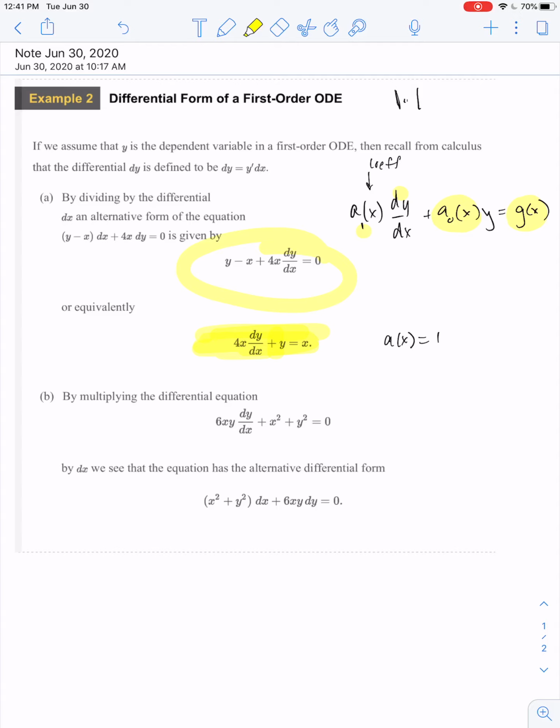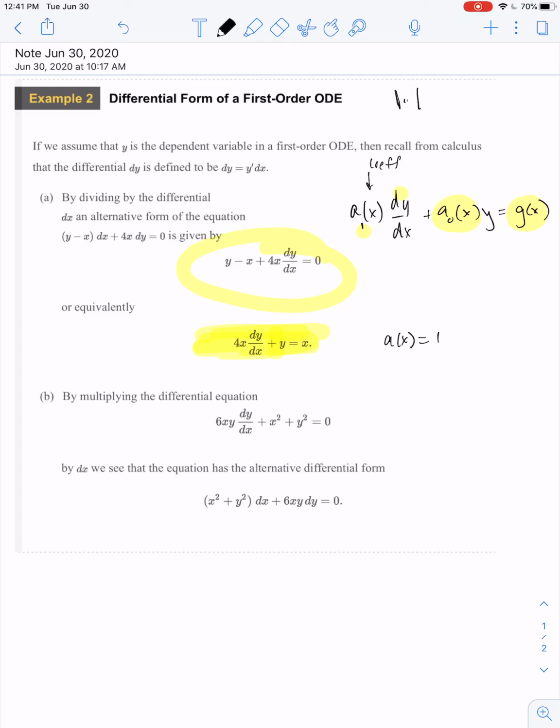Here you can see similarly, if we can rearrange some stuff to check to see if it is in that order. So say you divide, I see what they did here. They multiplied everything by dx.